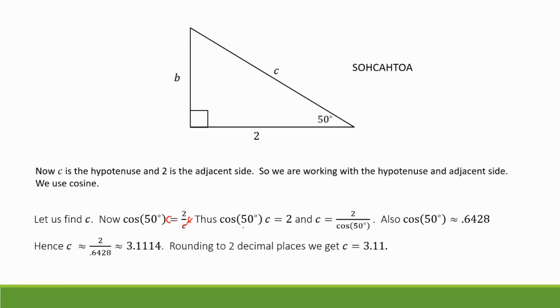Then, to get C all alone, we divide both sides by cosine of 50 degrees.